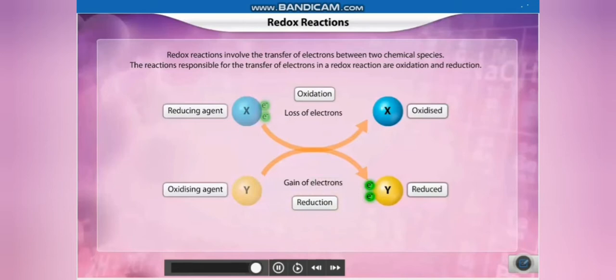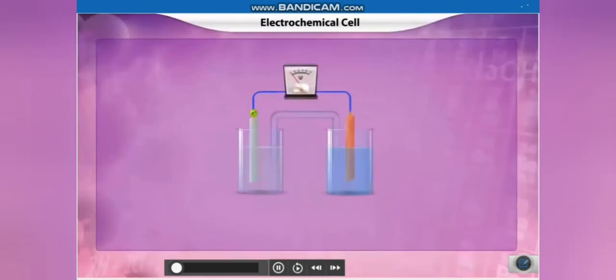Let us now understand the mechanism of redox reaction through a small experiment. Here we have an electrochemical cell where electrical energy is generated through a chemical reaction.